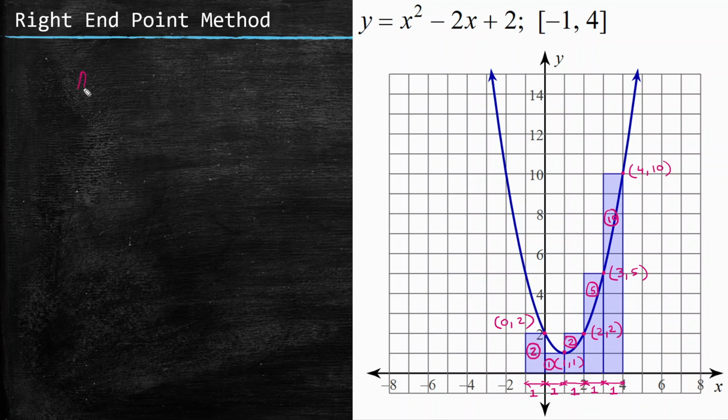So the approximate area we can expect to be 20 square units.